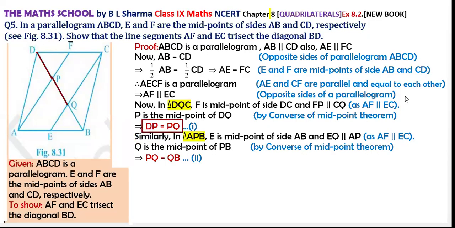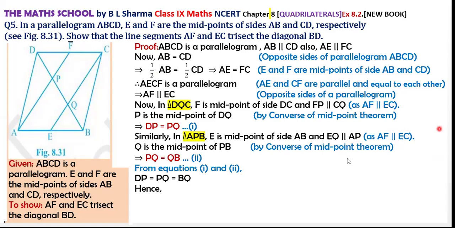फिर हमने प्रूव किया this PQ is equal to QB. See here. दोनों को कंबाइन करेंगे, DP is equal to PQ and PQ is equal to QB. So combining, we can say from equation 1 and 2, DP is equal to PQ is equal to BQ.